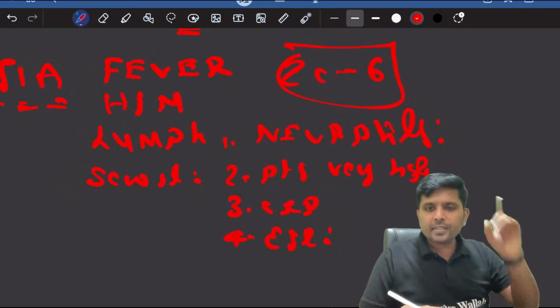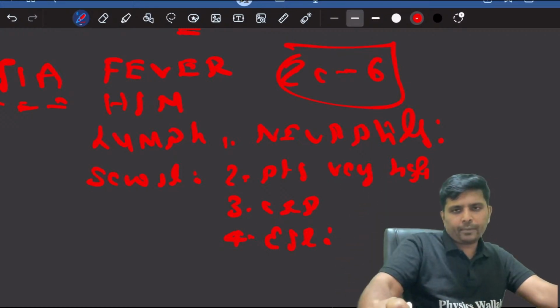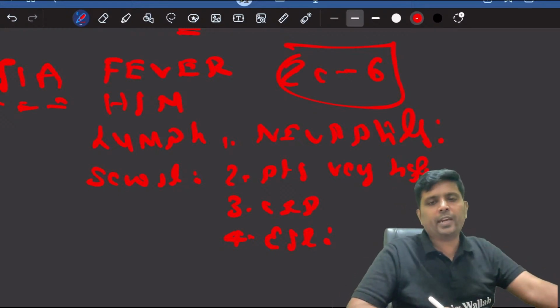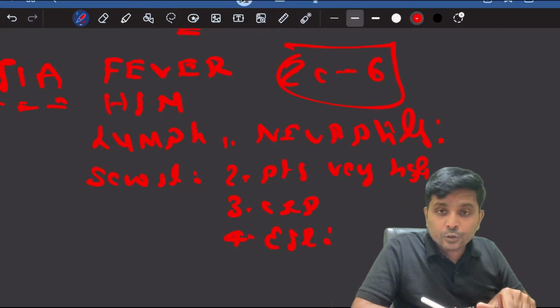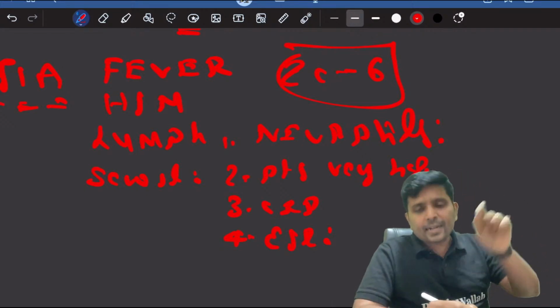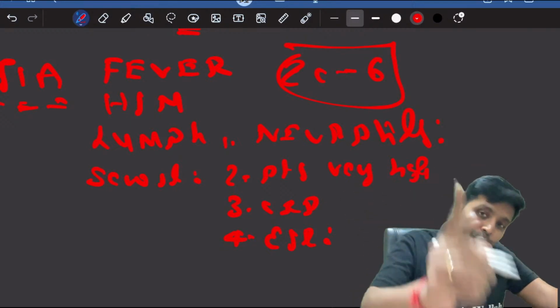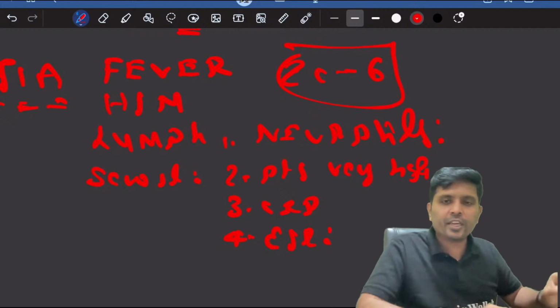Okay, so please remember, when neutrophils are high along with the joint pain, think in terms of rheumatological disorders such as juvenile idiopathic arthritis. Whereas when you have a joint pain with lymphocytosis along with thrombocytopenia, it is leukemia.